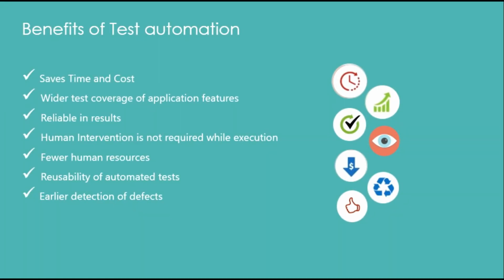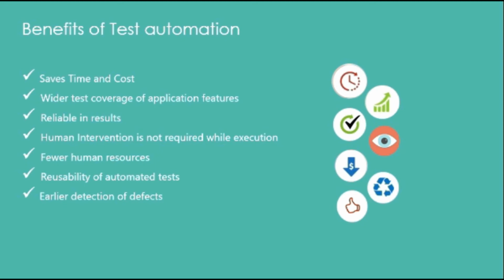And the next one is that automation does not need many human resources, such as QA engineers. We can do it with a few human resources after creating a regression or automation test suite. And the next one is the reusability of automation tests. Normally when we create an automation test suite, we create precondition automation test cases.